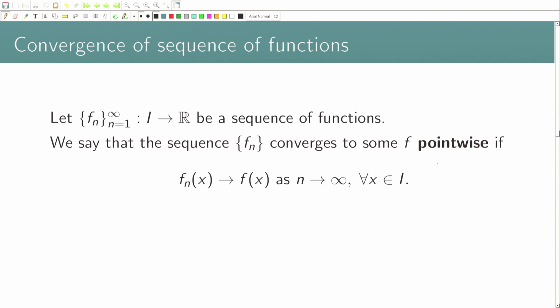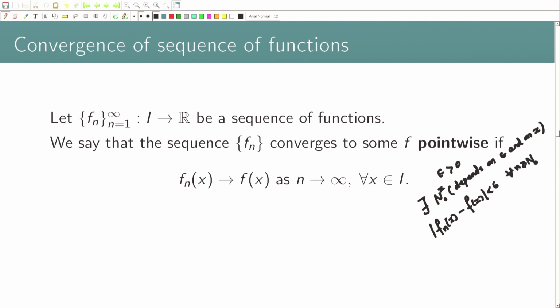That means: given a positive epsilon, there exists an n sub naught, which will depend on epsilon and on x, that is, for each x there exists an n 0 of x, such that mod of f n of x minus f of x is less than epsilon for all n greater than or equal to n 0 of x.